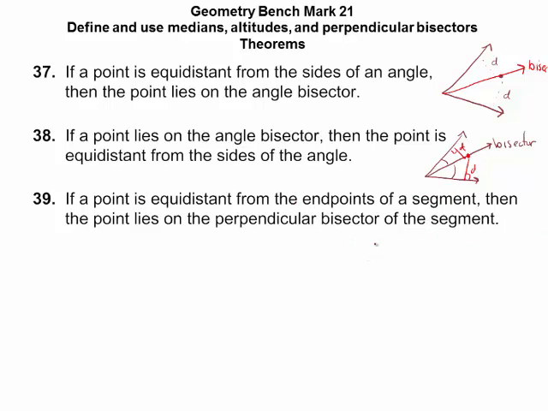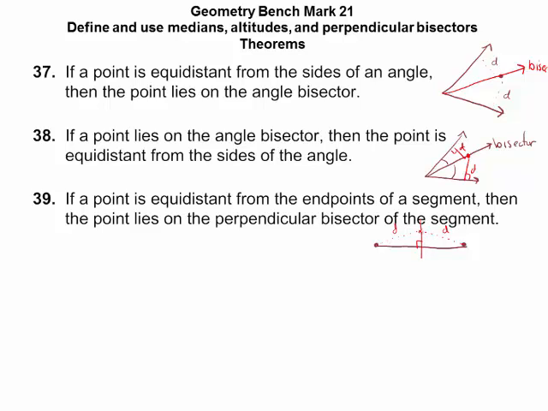All right, now we have if a point is equidistant from the endpoints of a segment. Okay, so if I have a segment and I have a point, now the point can be on the segment or it can be off of the segment. That doesn't matter which. But if this distance here is the same as this distance here, then I draw a line, it's the perpendicular bisector.